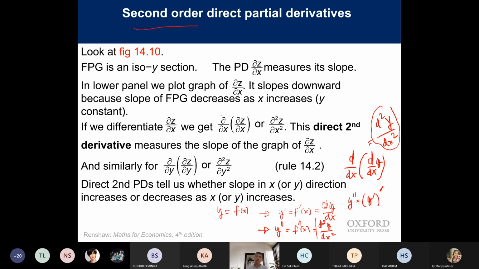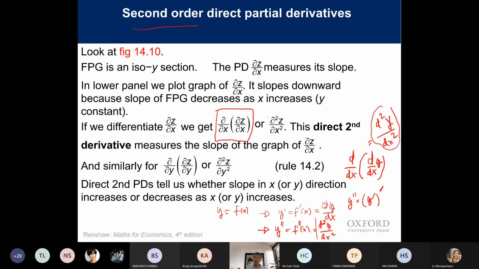And this also applies to the partial derivative. Once you want the second order partial derivative, you have to differentiate one more time with respect to x, for example, because this is the first partial derivative with respect to x, and differentiate again with respect to x.